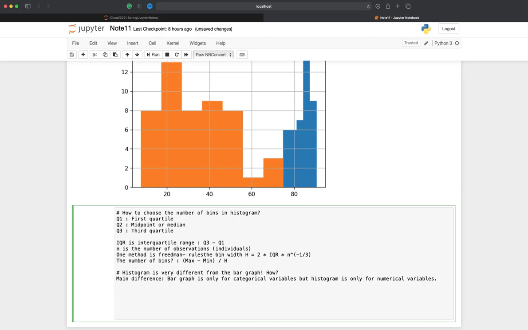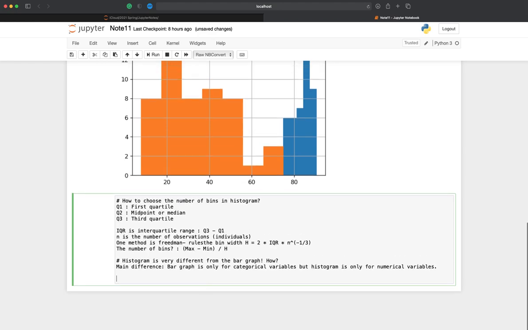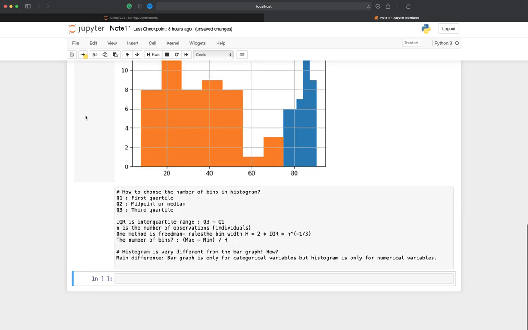Okay, so now how do we explain or interpret the histogram? You know what? Actually, before doing that, I don't want this lecture to be boring and just lecturing. I personally love coding.